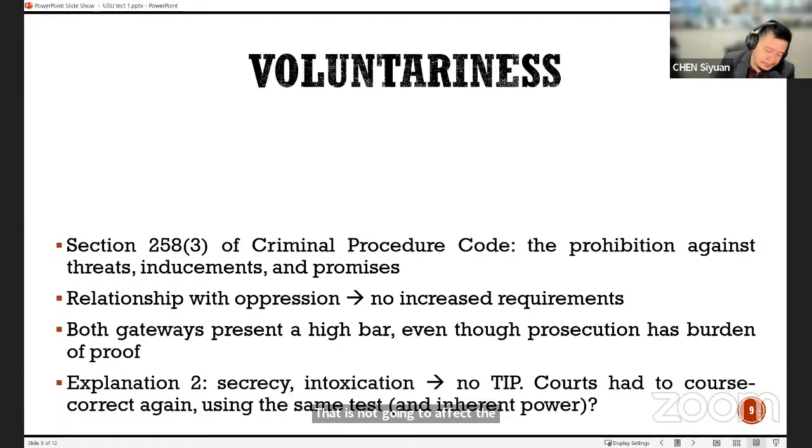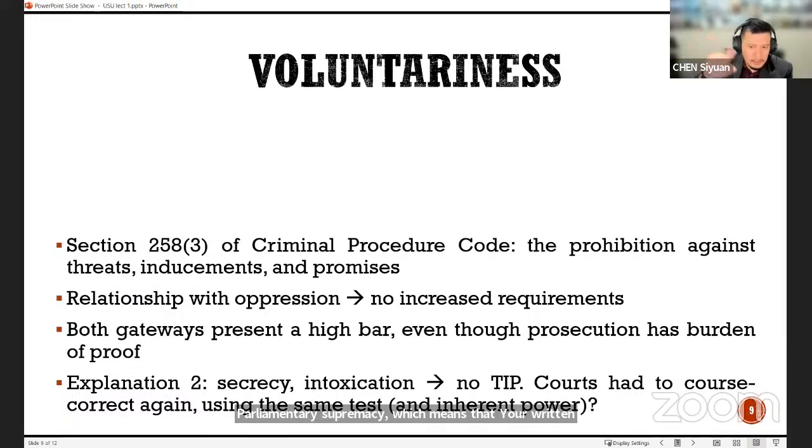Having said that, a few years ago, our Court of Appeal decided that notwithstanding this provision, the courts have the discretion to exclude the evidence if we think that the evidence is unreliable. So here you can see that interesting interplay between the courts and the statute, right? Because if you recall, Singapore has parliamentary supremacy, which means that your written law, your statutes, have to be applied by the courts.